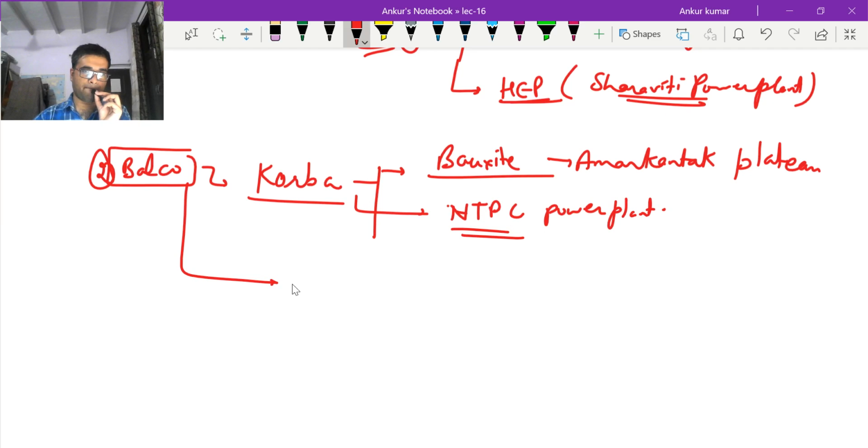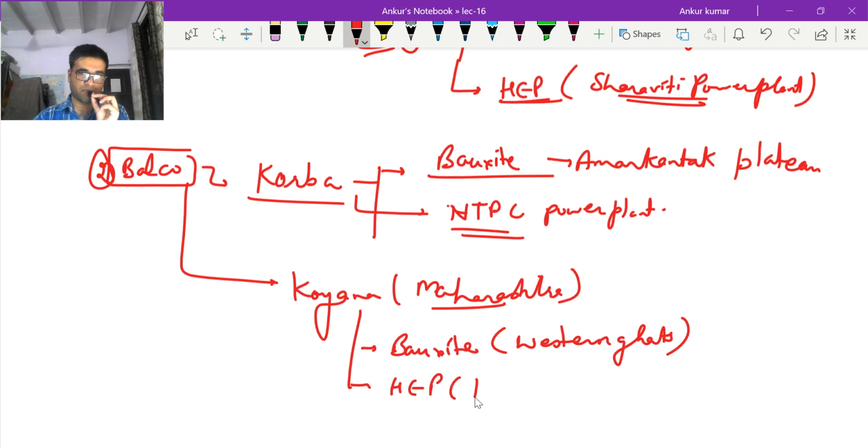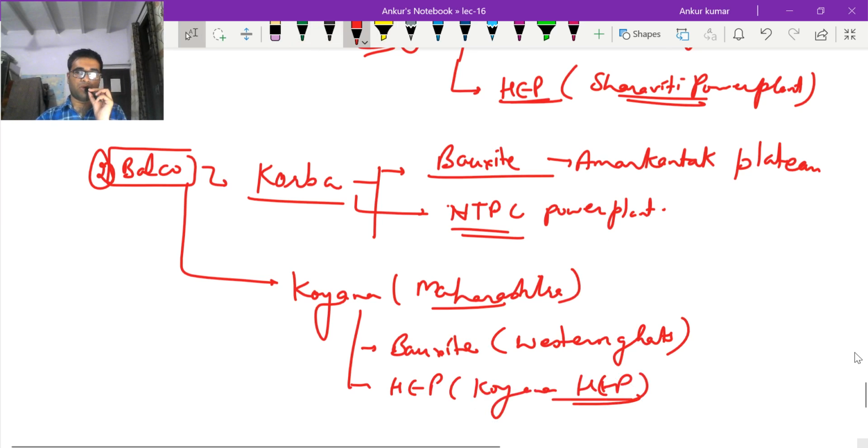The second plant of Balco is in Koyna, which is in Maharashtra. For Koyna, bauxite is sourced from the Western Ghats, and HEP is sourced from the Koyna reservoir. We have the Koyna hydroelectric plant here. So this was the second one.